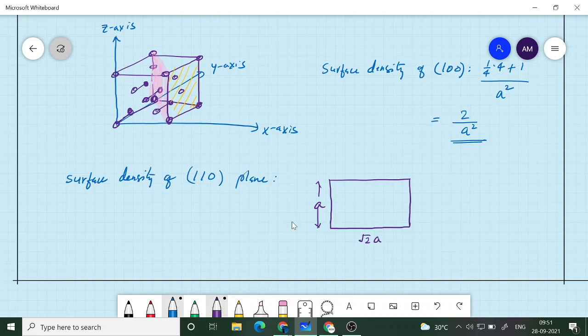If you consider this, the corner atoms will contribute only 1/4 of an atom from each corner. Let me make it a little bigger, so you can see that 1/4 of an atom will be present here. Then apart from that, there is a half atom which is coming like this.